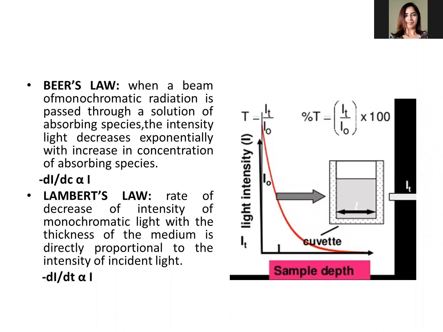There are important laws which govern UV visible spectroscopy. The Beer-Lambert law relates the attenuation of light to the properties of the material through which the light is traveling.